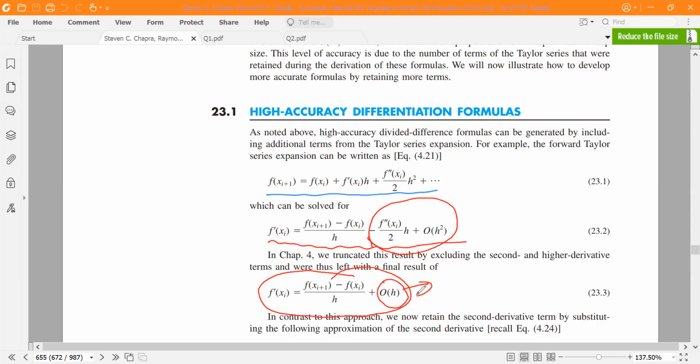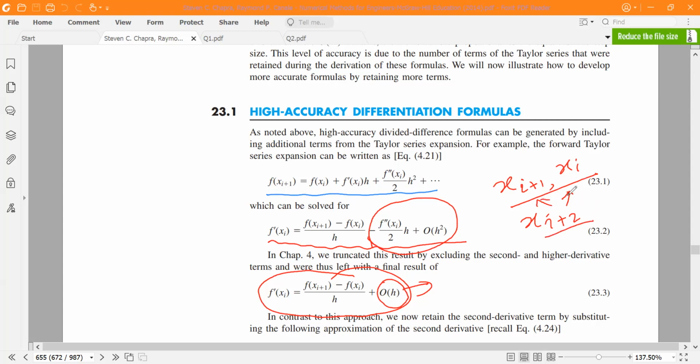Yes, sir. Fine. Now, how many points do we need? You need 2 points, xi and xi plus 1. Yes, sir. But if we have another point xi plus 2 available with you, can't we calculate the second derivative? Yes, sir.